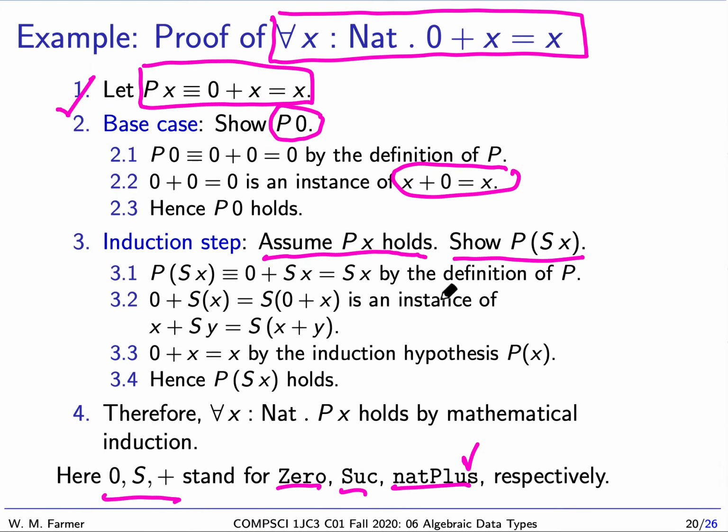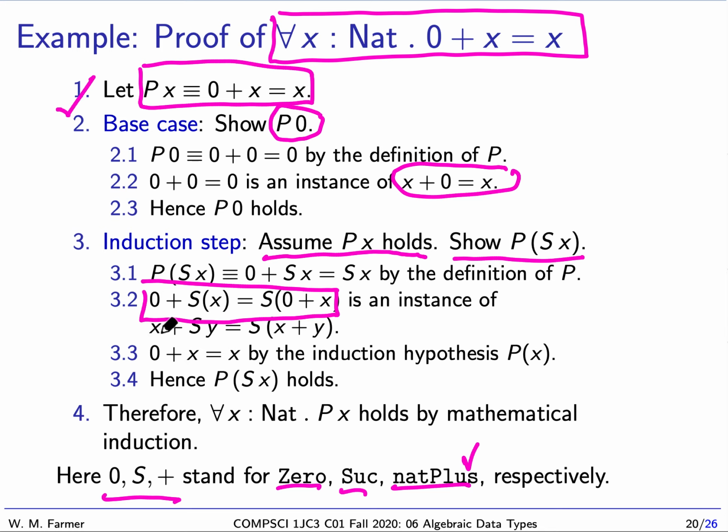Okay, so I'm going to start with P of the successor of x. What does that equal? Well, I know this is what my property is, so I put in successor of x for x here and here, and I get this. I get this by the definition of P. Now I know that this is an instance of the second equation that defines plus.